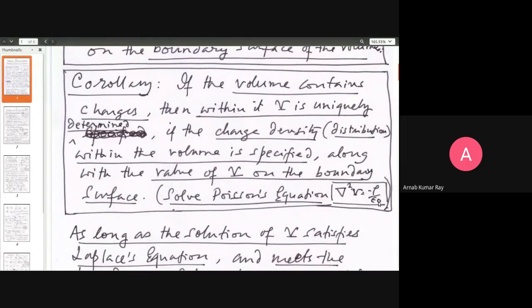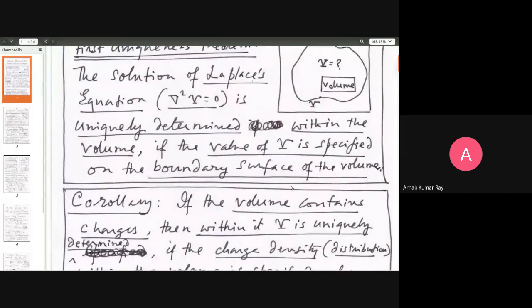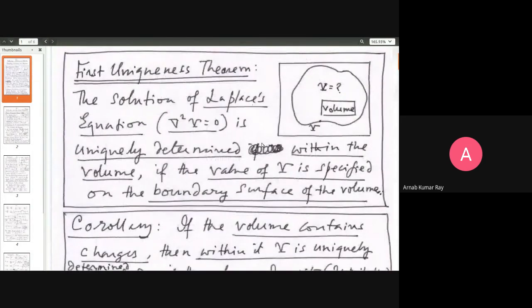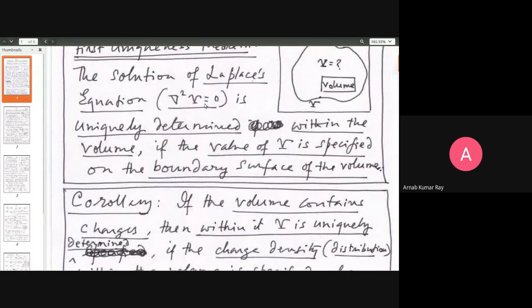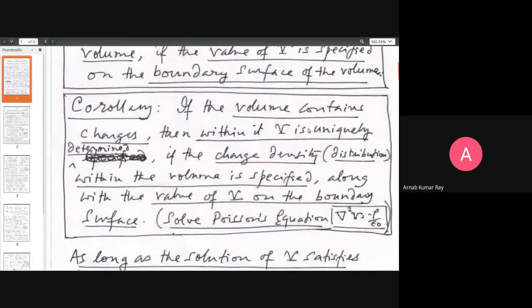Take the difference and you will have del 2 of (V1 minus V2) is equal to 0, because rho by epsilon naught is the same for both, so they cancel. And as soon as you've got that, you go back to the previous situation by the same argument. Take the difference of the two, and you can argue that that can only happen when V1 is equal to V2.